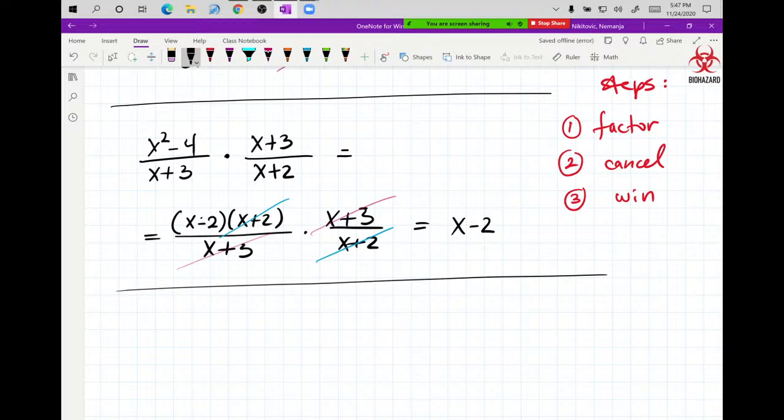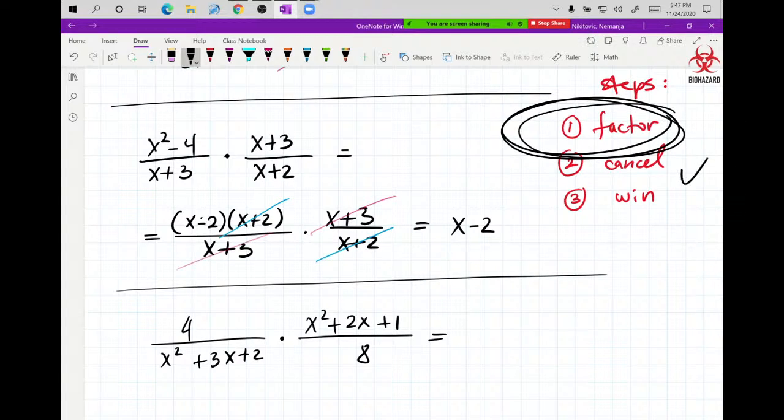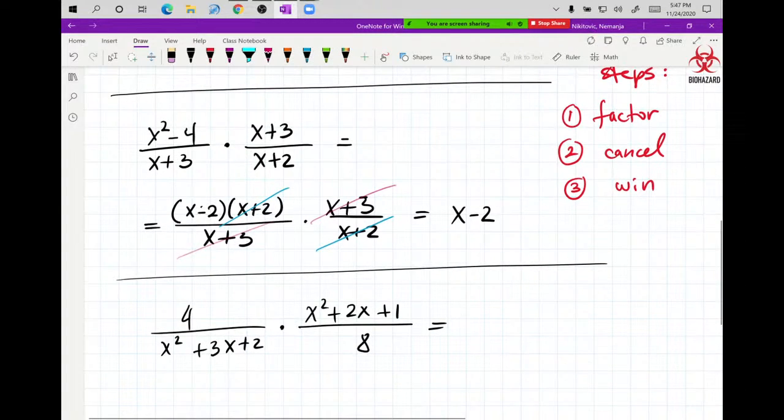One more example, and then I'll put some examples from the book and the homework. So again, if you guys want to contribute here, that's awesome. Okay. So again, factor everything you can, then cancel, and then this is the win part, right? When you have your answer correctly displayed.